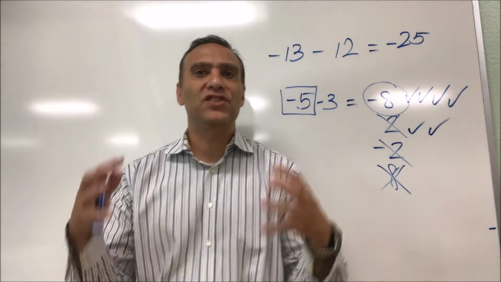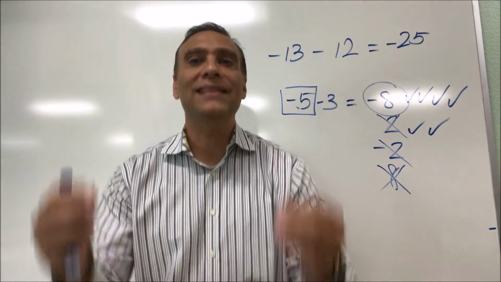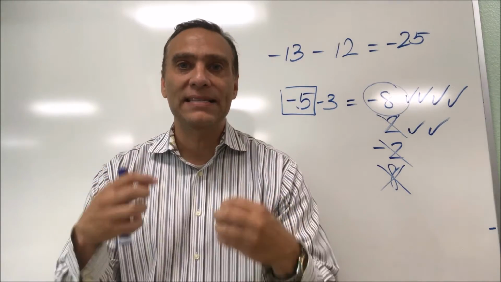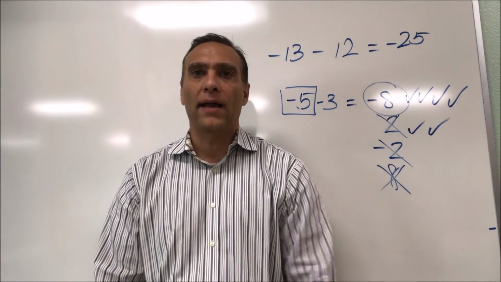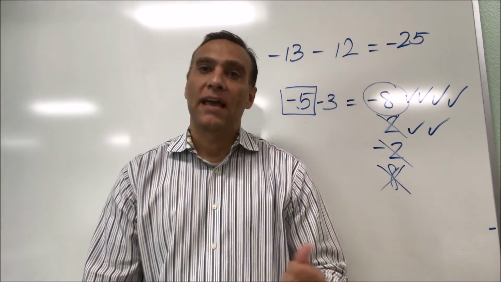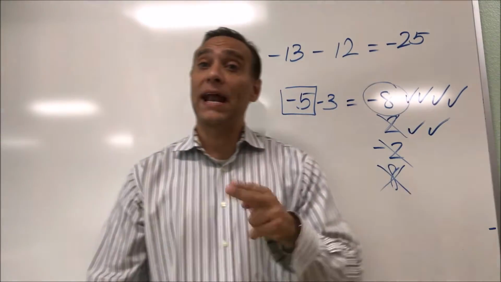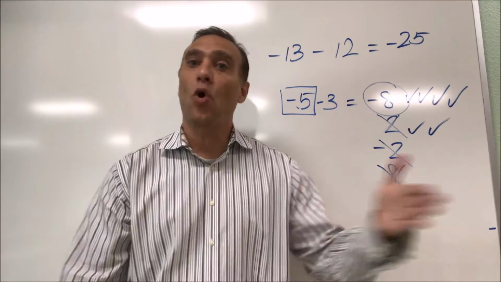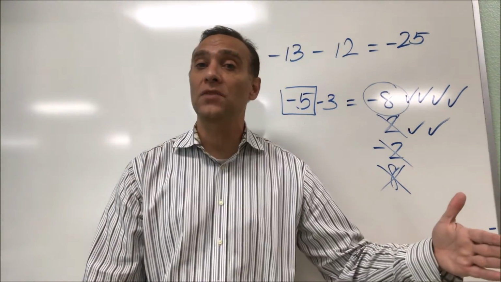Now they stumble on that question. That's the verbiage and that's the vocabulary that we got to get. That's the evidence, they're going, I don't know why I added. Well, if I'm at negative 5 and I'm taking away 3 more, negative 6, negative 7, negative 8, I'm going less, I'm going farther to the left in the number line.